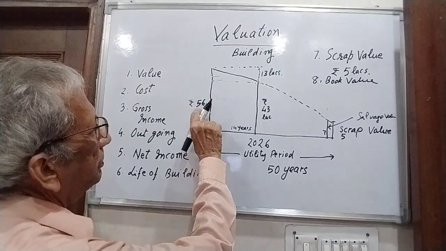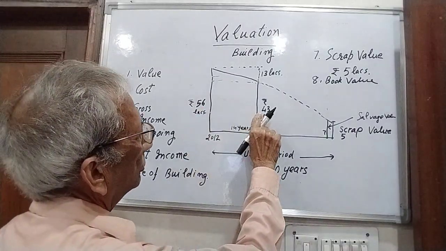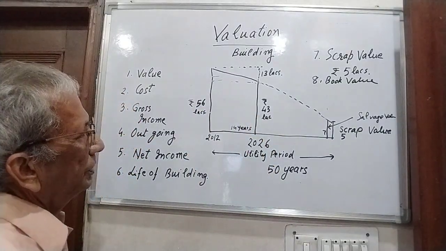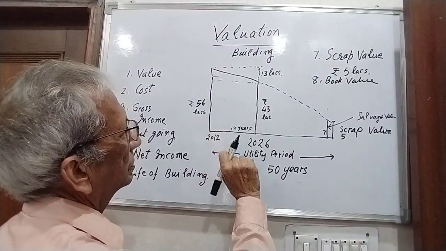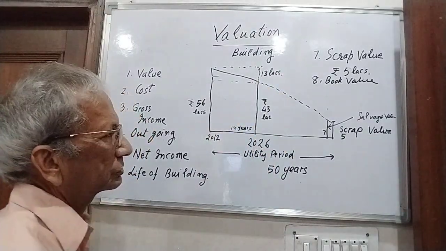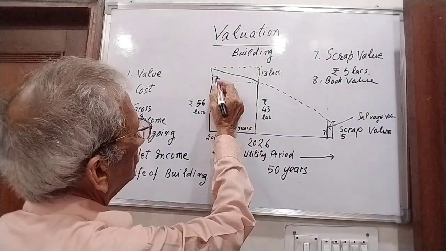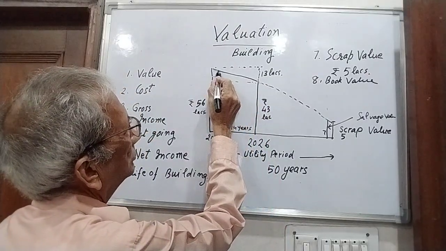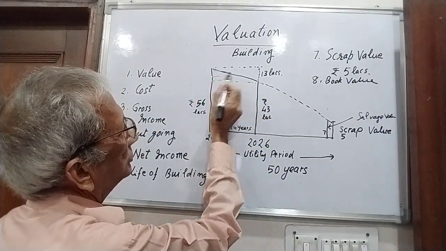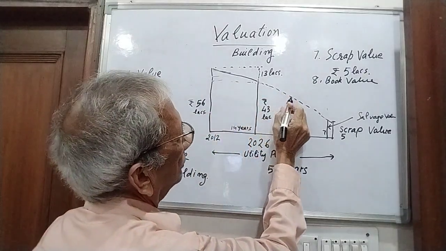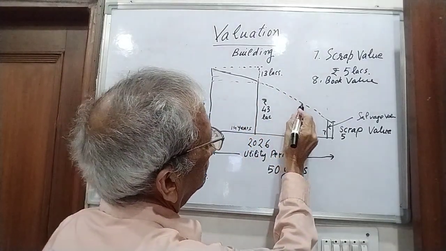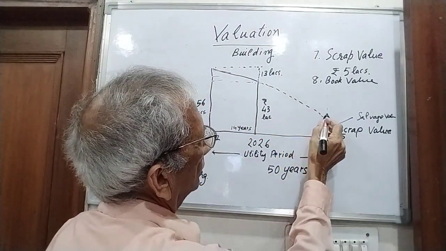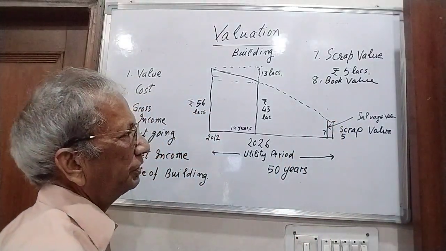Then the difference of initial cost and today's value is depreciation, that is 13 lakhs. In initial stages, depreciation is very less. But at a later stage, depreciation is very much. Every year, depreciation is very much.